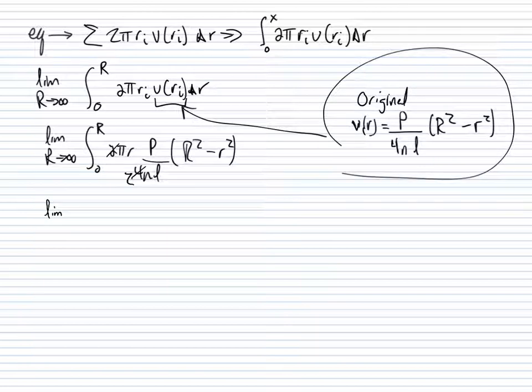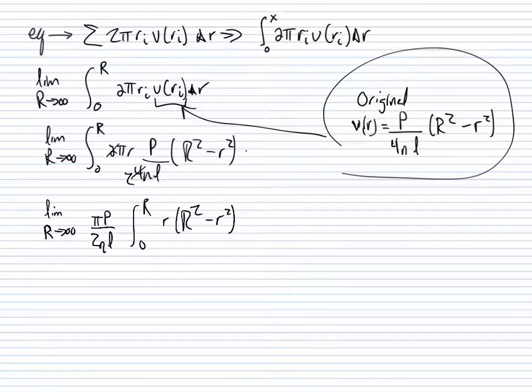So your limit as r goes to infinity, which you can take out. You can take out a pi, you can take out a P, you can take out your 2, your viscosity, your L, which leaves the integral from 0 to R of r times capital R squared minus little r squared.